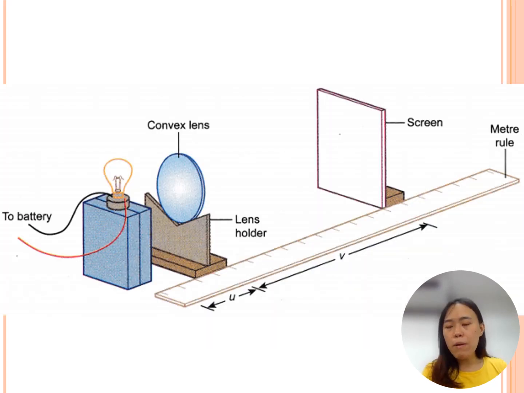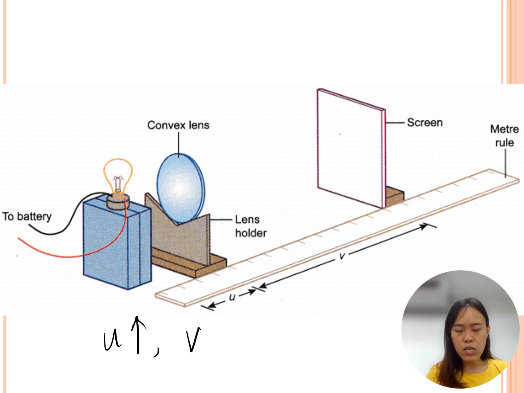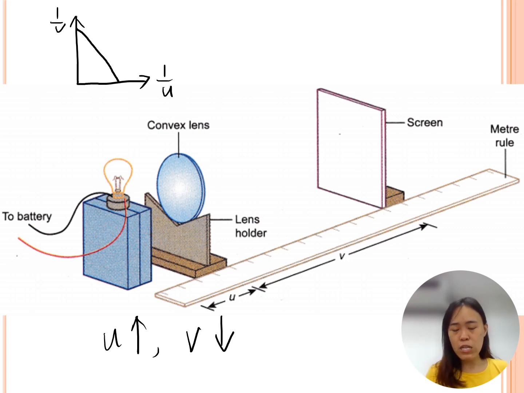We can use an experiment to determine the object distance and image distance. From this experiment, as the object distance increases, the image distance decreases. So if you plot 1 over v against 1 over u, you will get a decreasing linear graph. This experiment lets you determine the object distance and image distance, and then we can find the focal length.